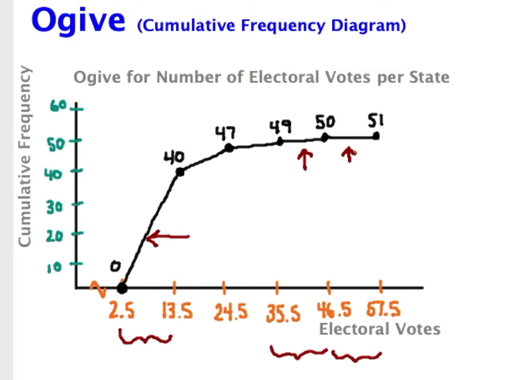Again, we would be looking at the slopes to determine the frequency. An ogive shows how those 51 states accumulated, mostly starting in that first section and accumulating a little slower once we went to those higher classes. An ogive.